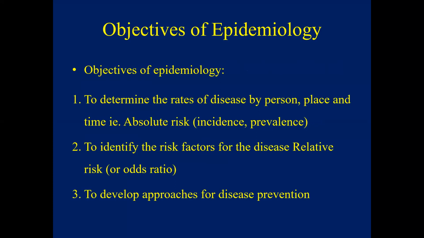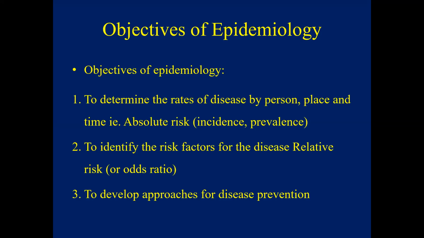As we know, the objective of epidemiology is to determine the rate of disease by person, place, and time. Also, we calculate incidence, prevalence, and such measures. We also try to identify the risk factors in terms of relative risk or odds ratio.